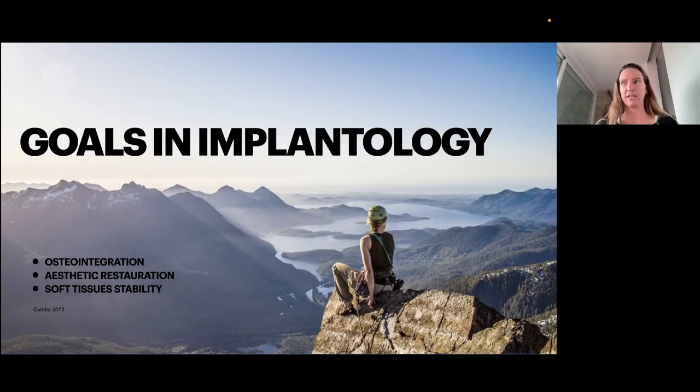And for that, it's very important that we are aware of any changes that might occur in terms of the bone or the soft tissue. So around our implants, what we want is stability in our tissues, meaning the bone and the soft tissue, so that our restorations continue to be aesthetic and functional.